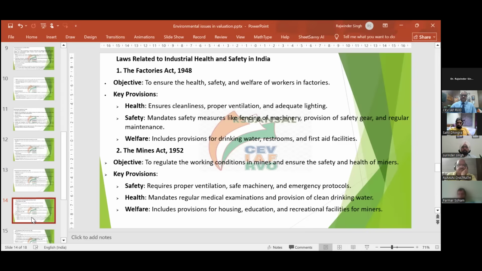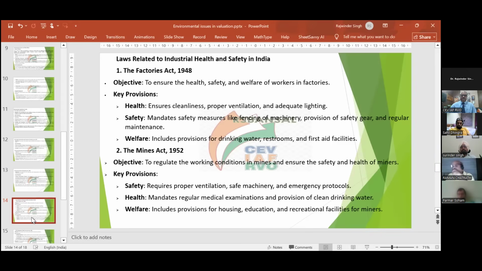Then for safety, it mandates safety measures like fencing of machinery, provision of safety gear, and regular maintenance of the machines. And this act mandates provisions for drinking water, washrooms, first aid facilities, etc.